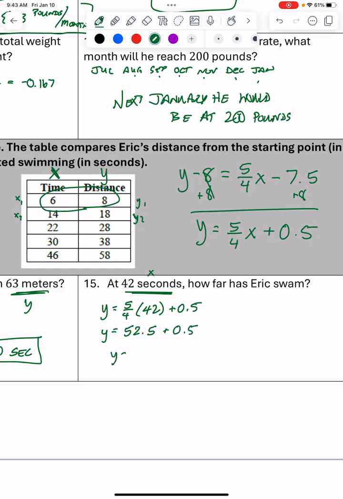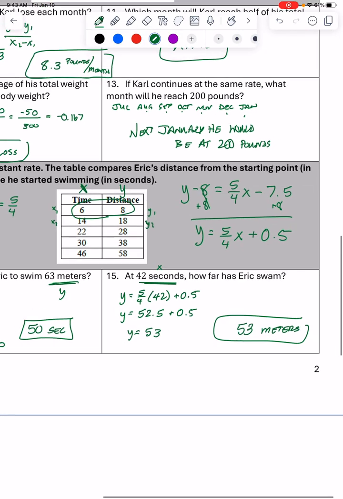And then 52.5 plus 0.5 is 53. So in 42 seconds, he would go 53 meters. Okay? So that's what we're looking at with this stuff.